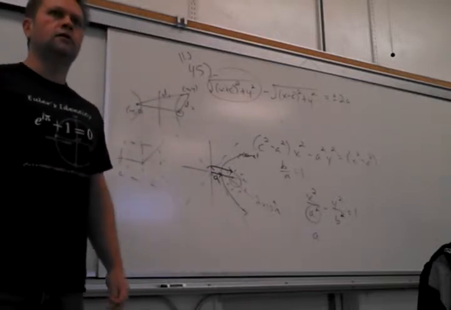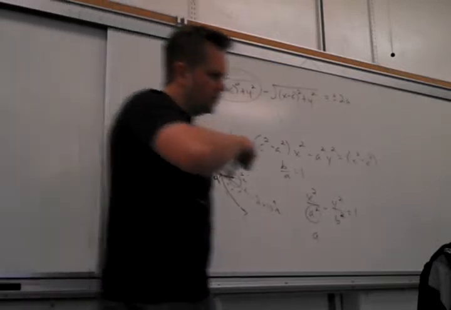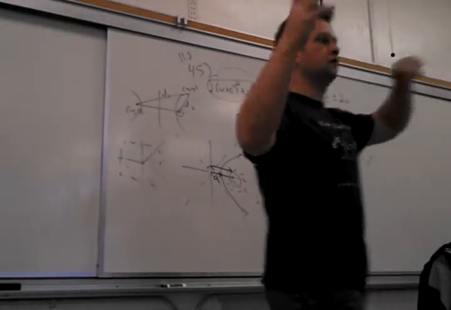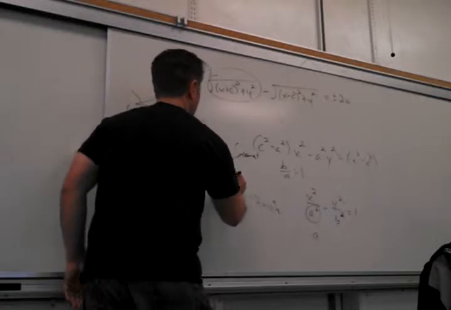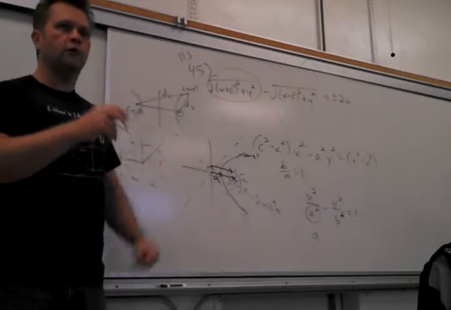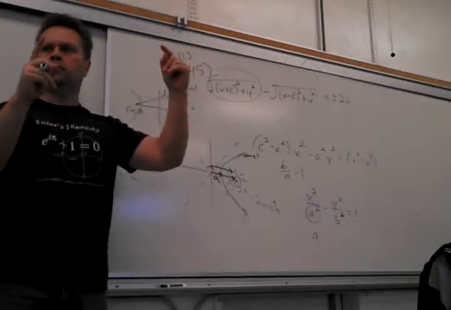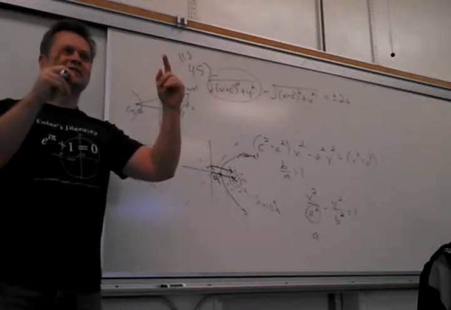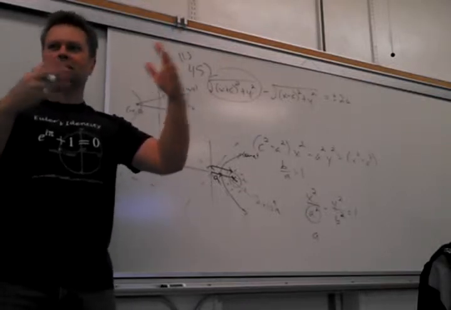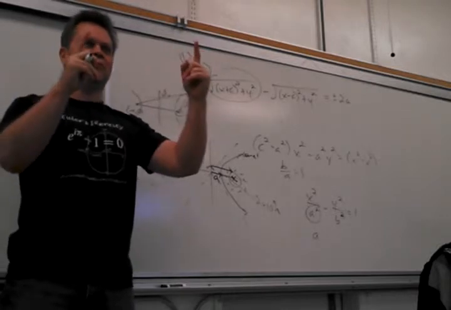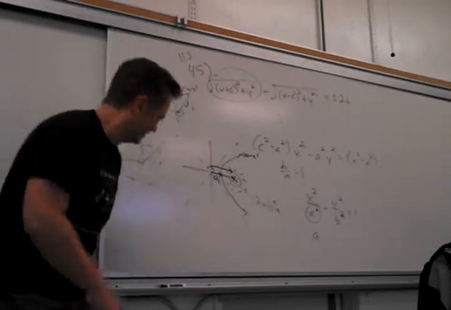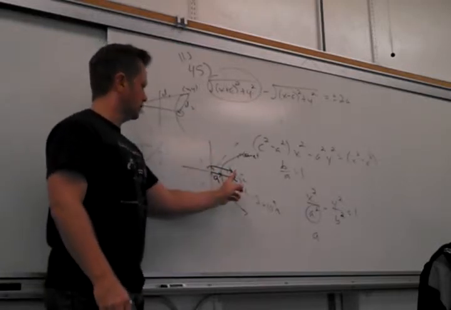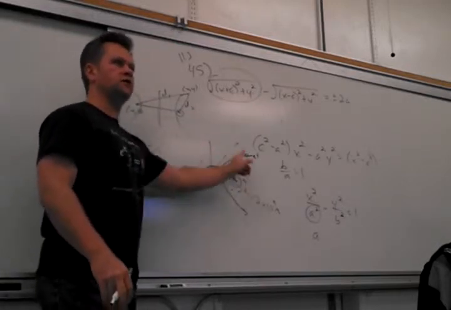A plus whatever number they give you. Because they do tell you the sun is at the focus. Yes, the sun is at the focus. So this is the focus here. So what is that distance again? So how far is the focus away from the center?